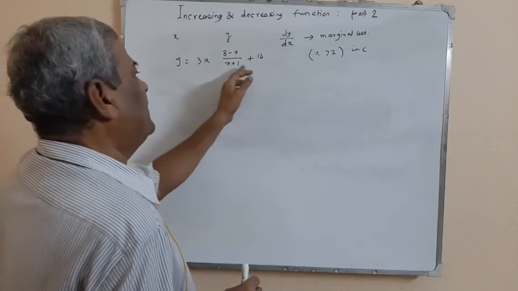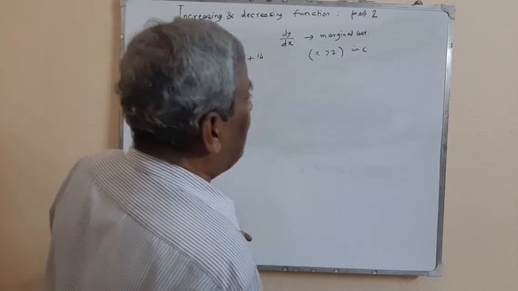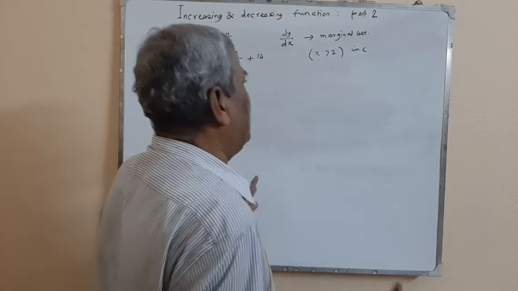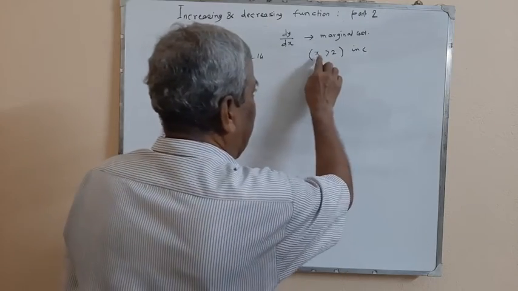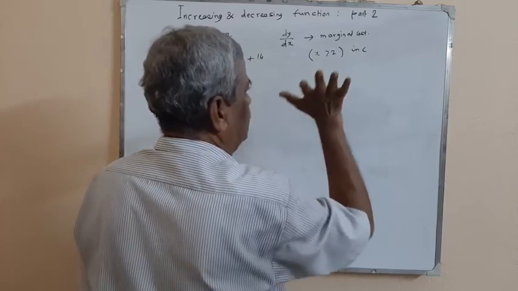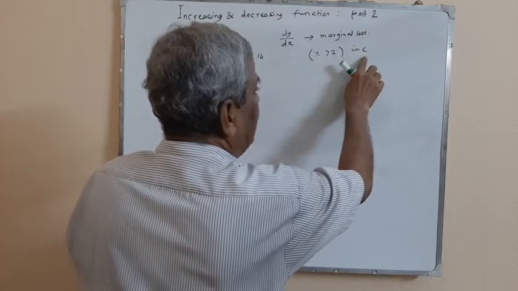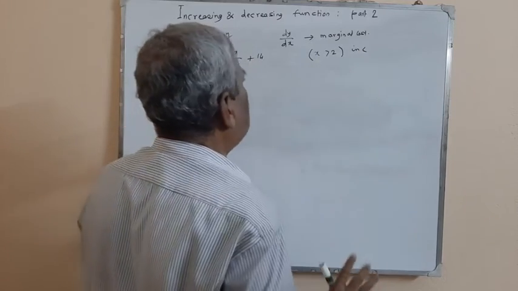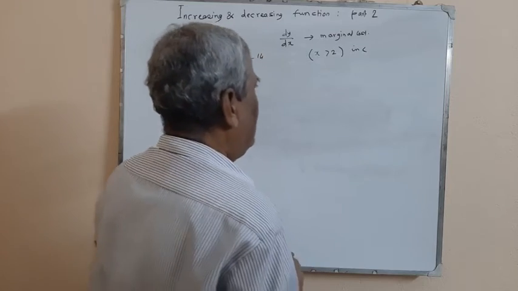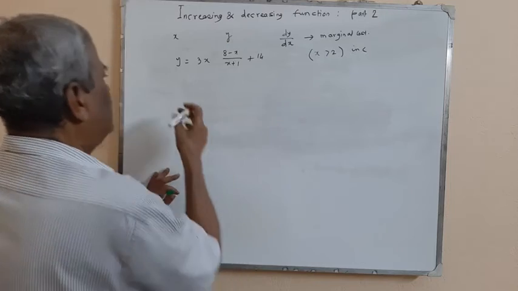Y is also given. Then we have to show that marginal cost will decrease continuously whenever x increases, given that x is greater than 2. For that purpose, we have to find the differentiation of y.